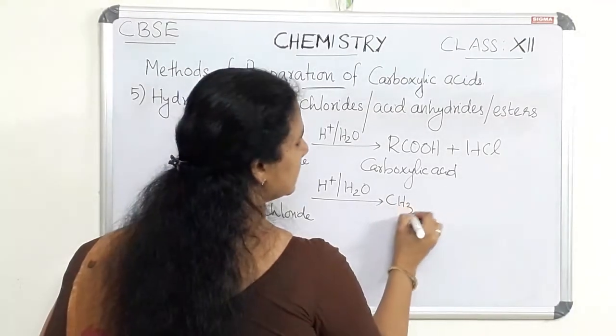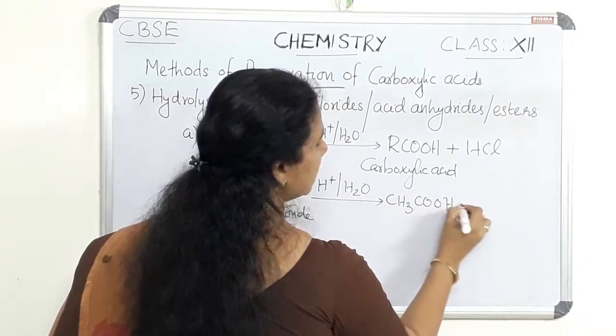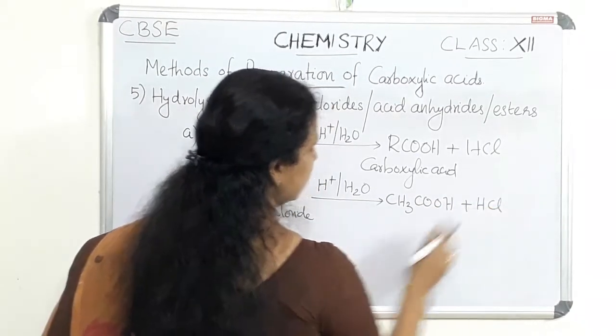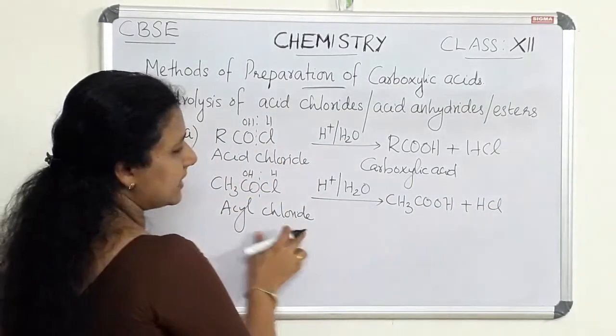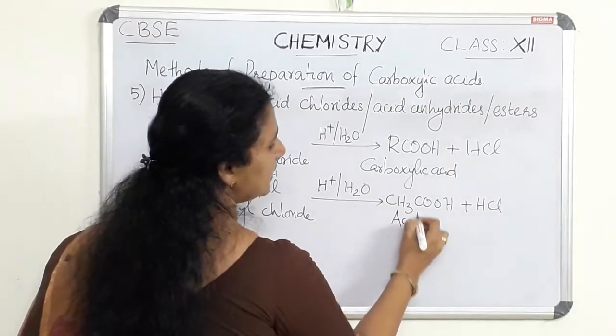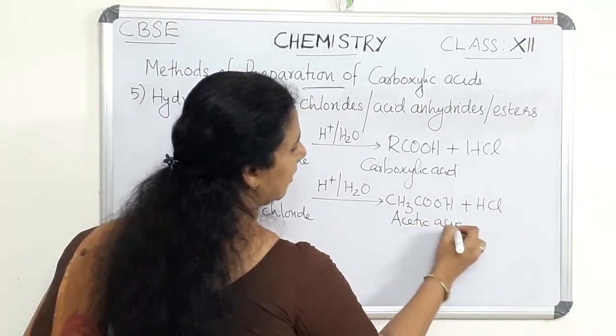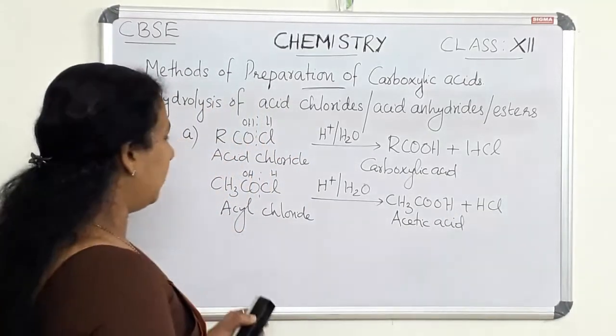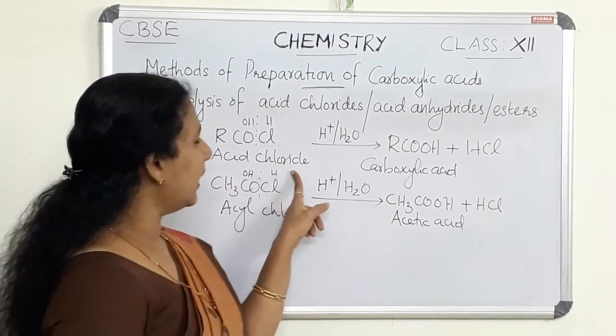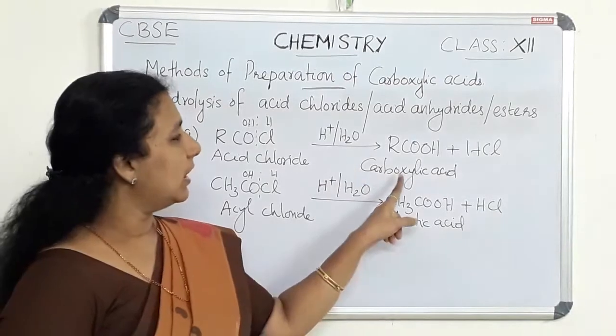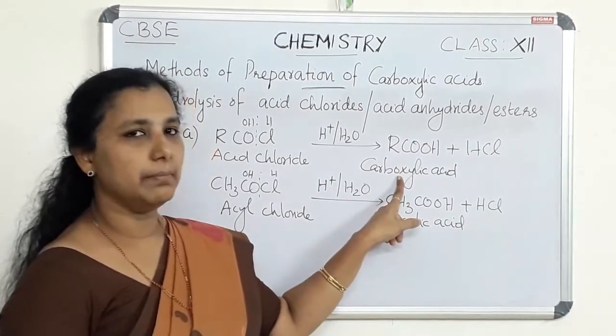We will get CH3COOH plus HCl. So when acyl chloride is taken, we will get acetic acid as the main product.